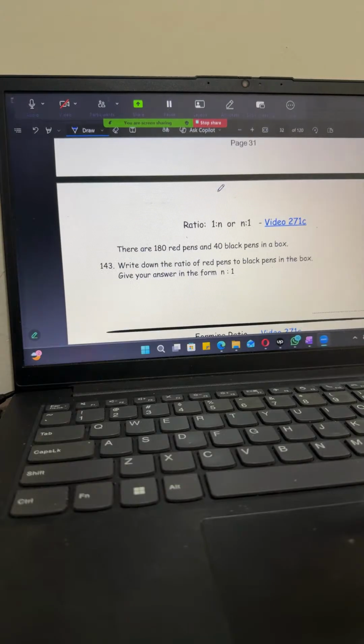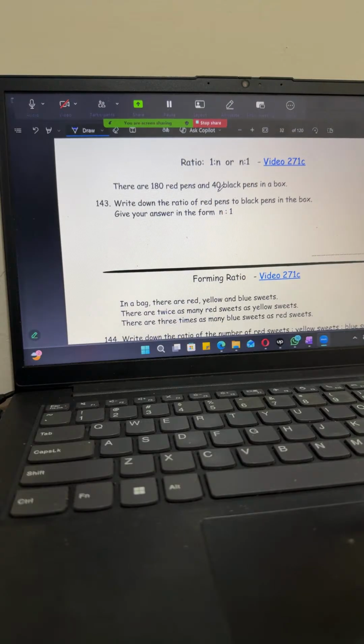Okay, there are 180 red pens and 40 black pens in a box. Write down the ratio of red pens to black pens in the box. Give your answer in the form n ratio 1. Okay, think about it. So we have 180 to 40.